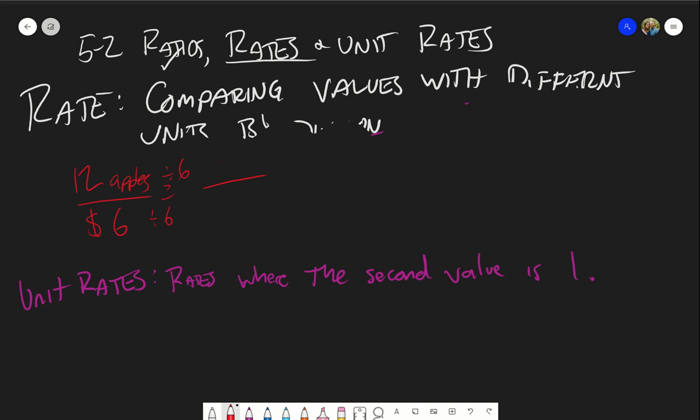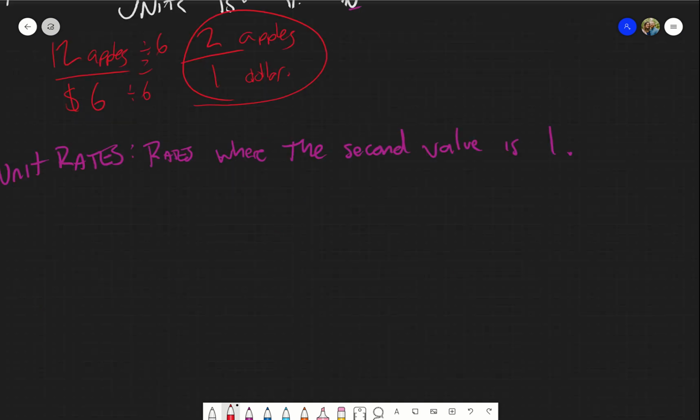I would get 2 apples for $1. And so I could say I get 2 apples per dollar. So that's how I know what my unit rate would be. Anything involving rates, you always want to get your rate to be a unit rate if you can. It just makes it easier to understand and deal with.